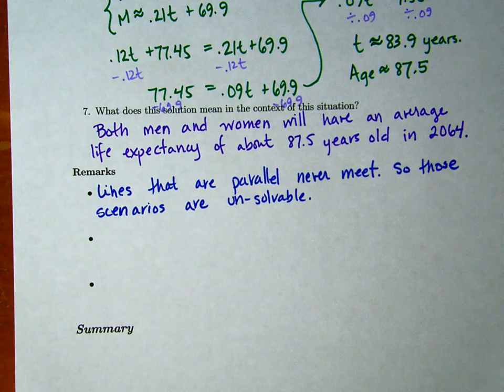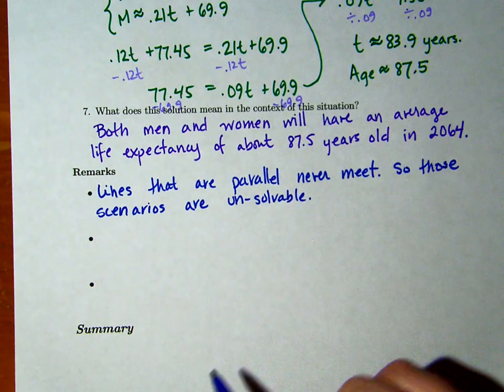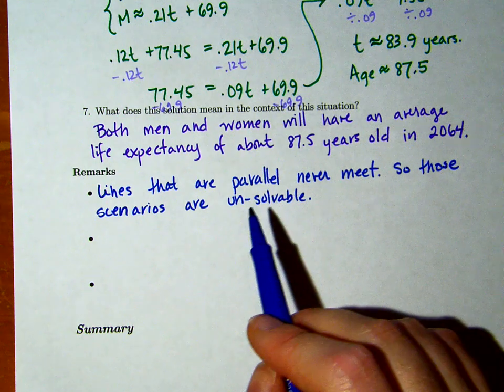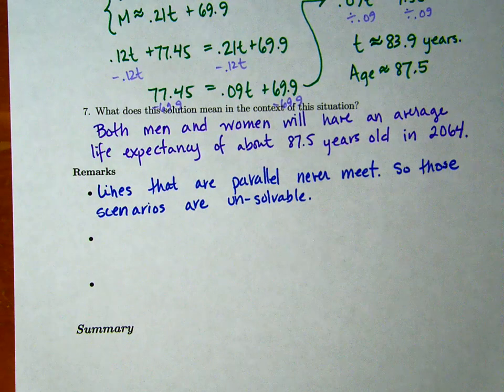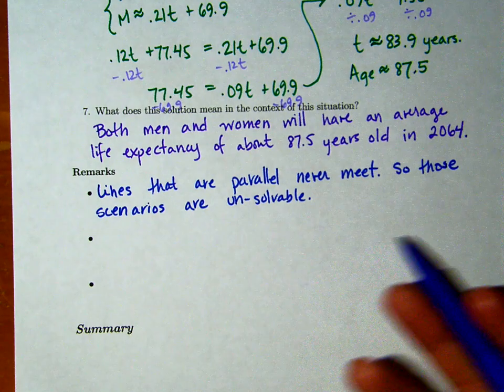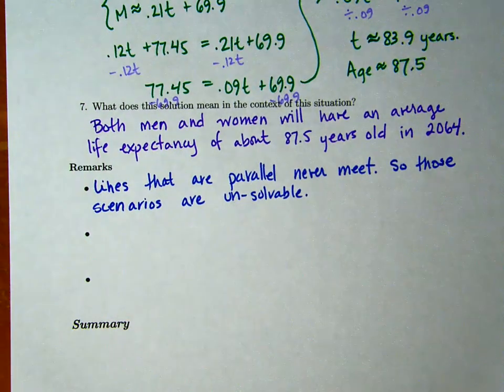So they just literally have no solution. They're unsolvable. I don't know if that's a real word, but anyway. So if they're parallel and never meet, then there's no way to find their meeting point. They just are unsolvable problems.